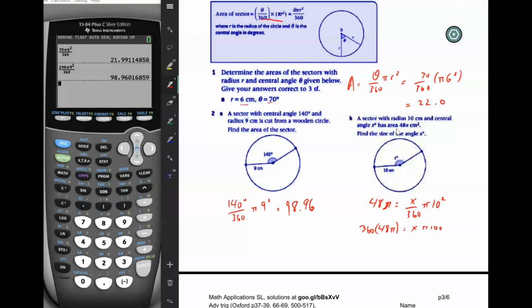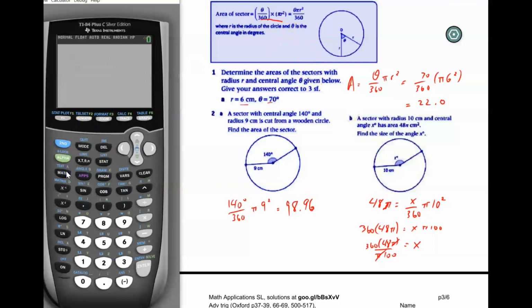You could divide both sides by pi 100, and then you would end up with 360 times 48 pi divided by pi 100, and then you could just cancel out the pi's and then do 360 times 48 divided by 100. Another way you could do it is you could use the solver.